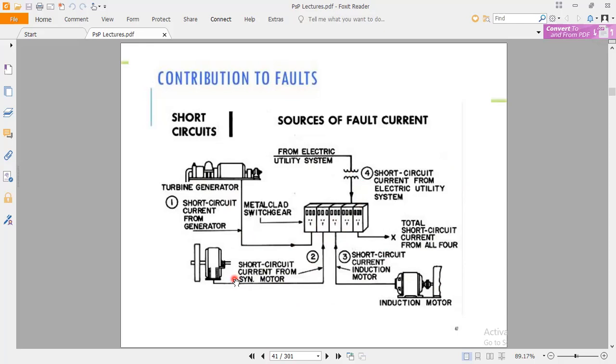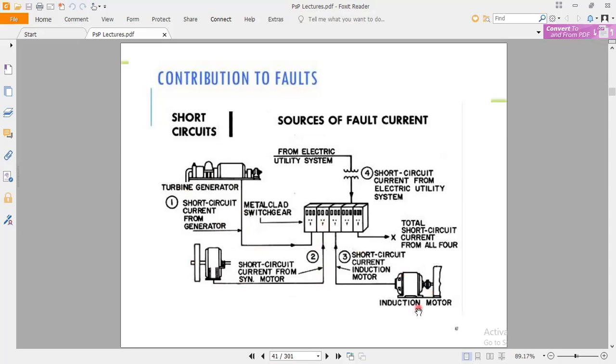Second category, a short circuit current comes from the synchronous motor. If a short circuit is produced, it would follow the arrow direction you can see into the switchgear system, that is in panel form. So if fault current or short circuit current is produced in the generator, it will flow into the system in this direction.